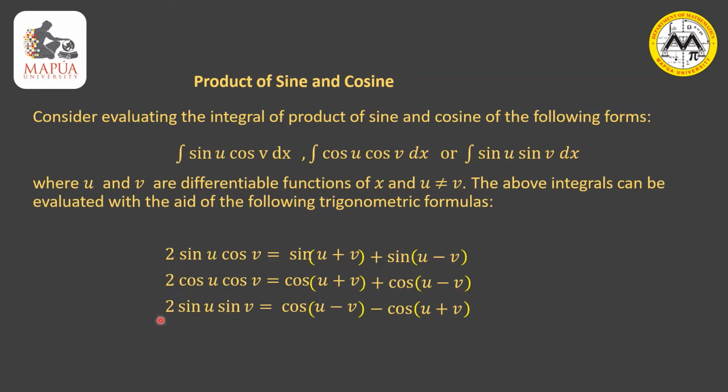And for the product 2 sine u sine v, we have it equal to cosine of the difference u minus v minus cosine of the sum u plus v. Now, these identities would help us later in transforming integrals involving product of sine and cosine of two different angles.